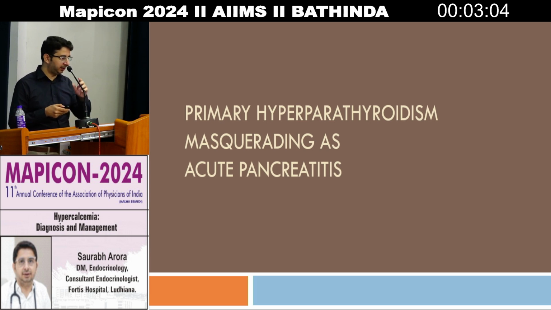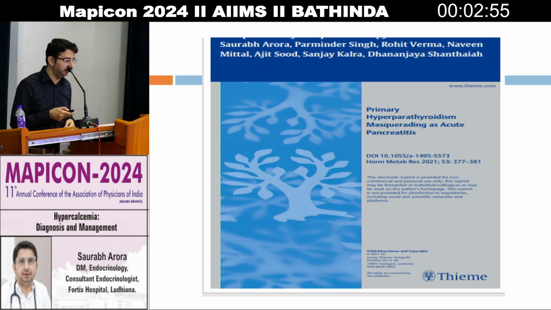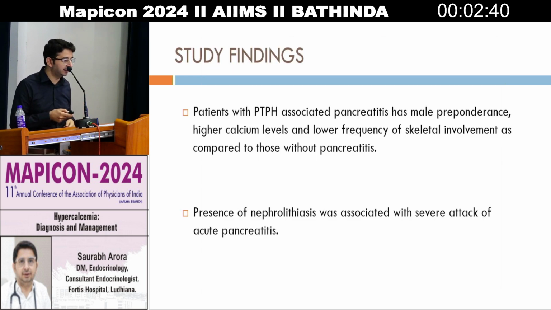So primary hyperparathyroidism masquerading as acute pancreatitis is an uncommon manifestation in the Western world, but here in our country we do see it commonly. And this is a case series from our institute where we took the data of 30 patients who had acute pancreatitis with primary hyperparathyroidism and compared them with those who had primary hyperparathyroidism but did not have acute pancreatitis.